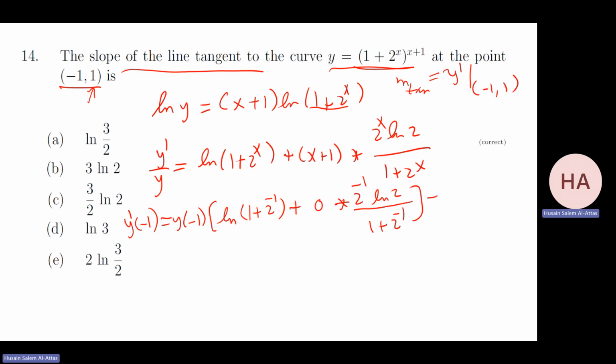So that gives me what? This is 1. That will be 1 times ln 3 over 2. So the slope will be ln 3 over 2, which is this one. This is 1 plus half. Ln 3 over 2.